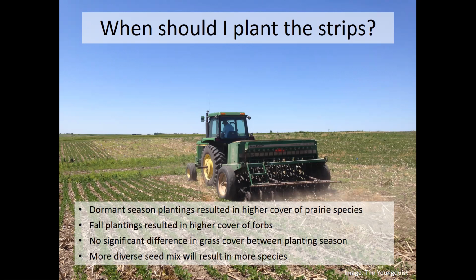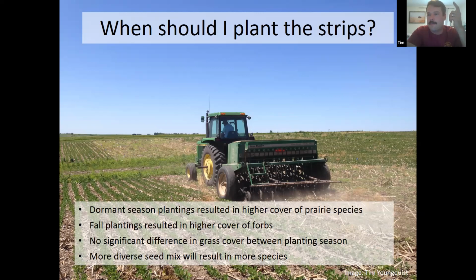Thank you. Another question, are there other incentive programs for installing and maintaining prairie strips besides CP43? Yeah, that's a really good question too. There are some other programs through the USDA. There's EQIP, the Environmental Quality Incentives Program, where you could seed prairie and it would allow a little more flexibility.